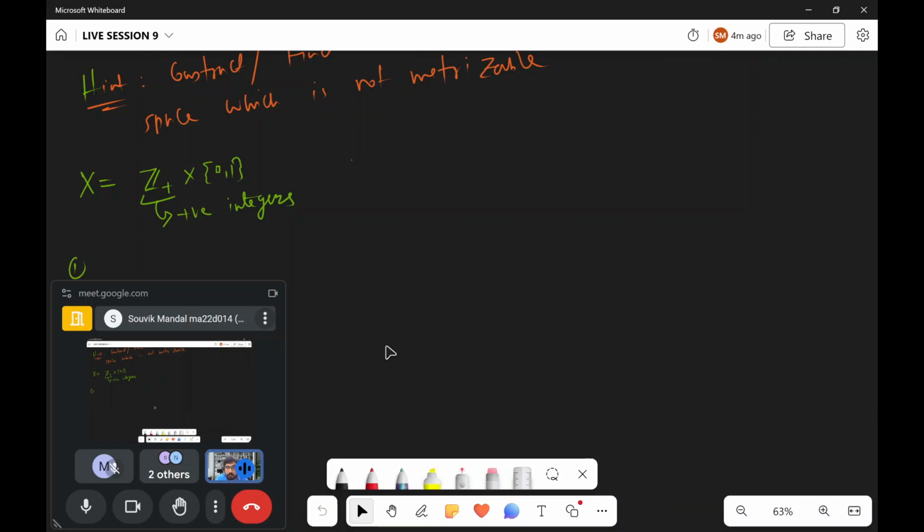So this is the space I gave. Now check two things. Firstly, this space X is not compact, but X is limit point compact.